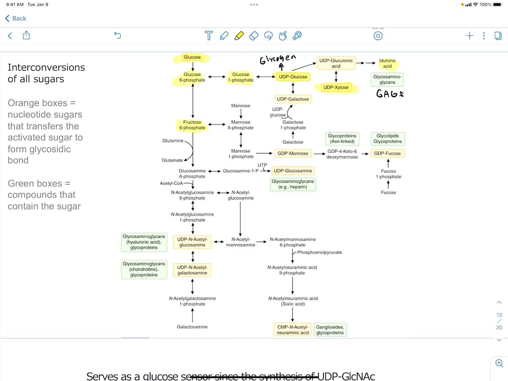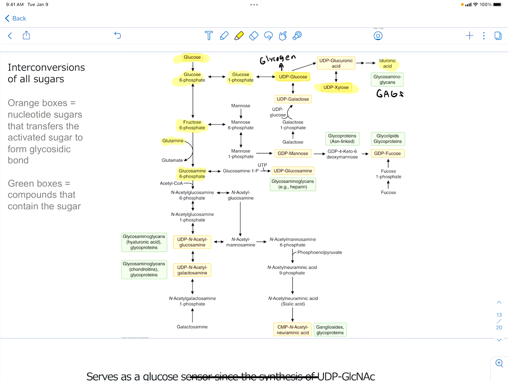Now, an important thing is you're going to push fructose 6-phosphate to glucosamine 6-phosphate, and this is going to use glutamine. And so this step is critical for making activated glucosamine in order to build many of our important products.